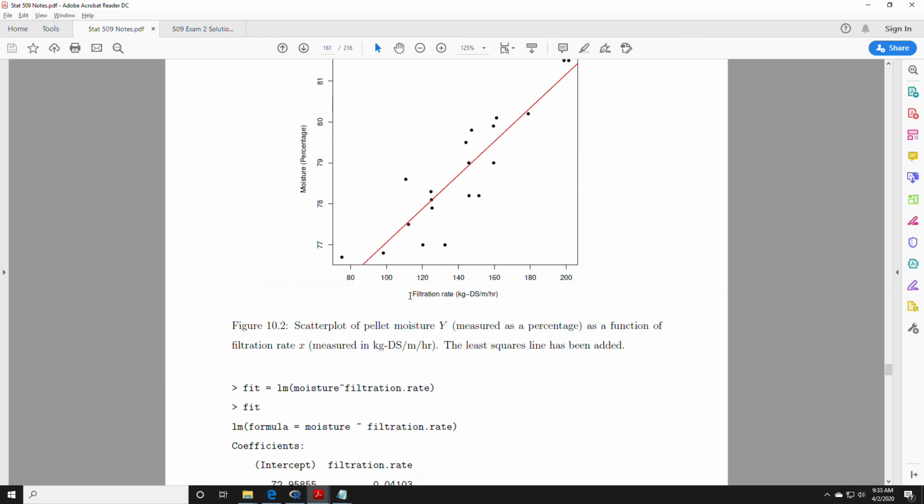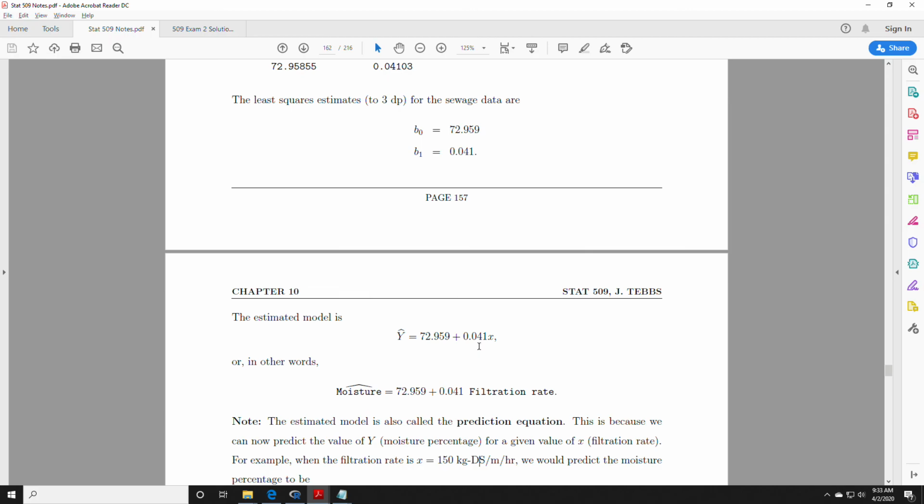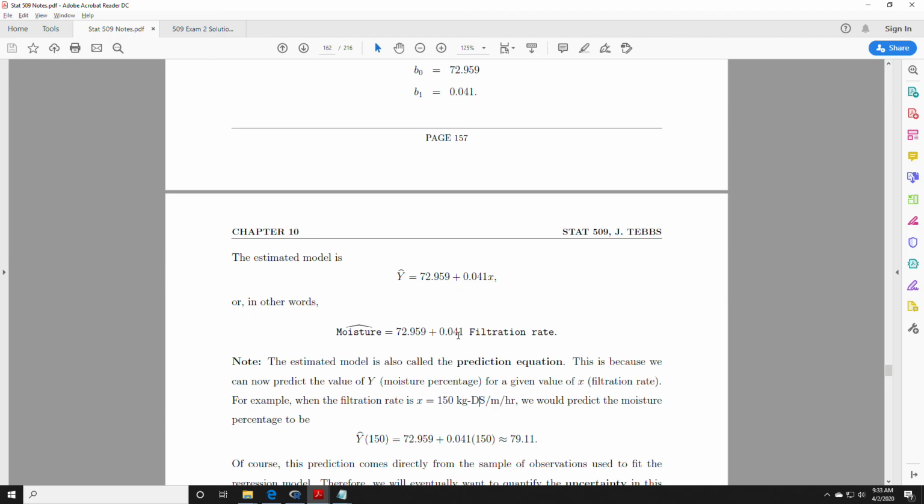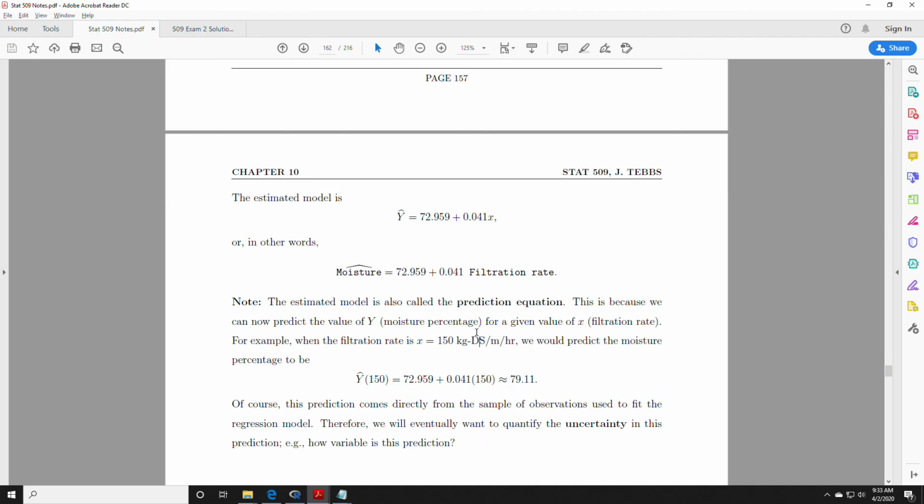I was making sure that the units are all right. So it's not by 4%, it's by 0.04% because this is in units of percent. Doesn't look like it goes up by a whole lot, but certainly it goes up. And that's exactly how you should be able to interpret it in the context of this problem.